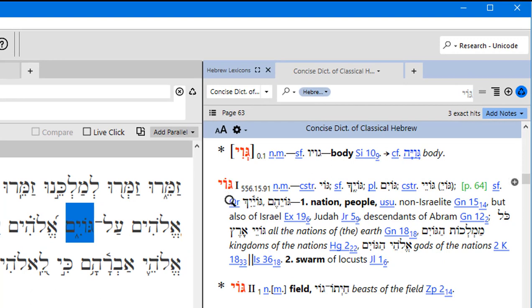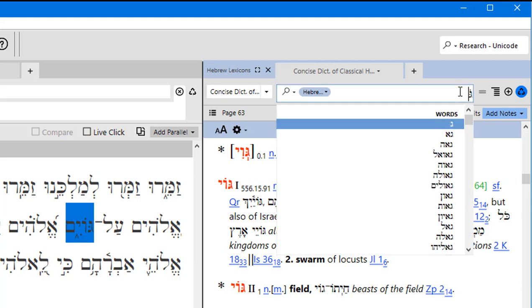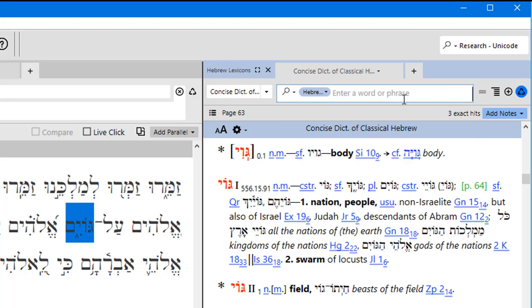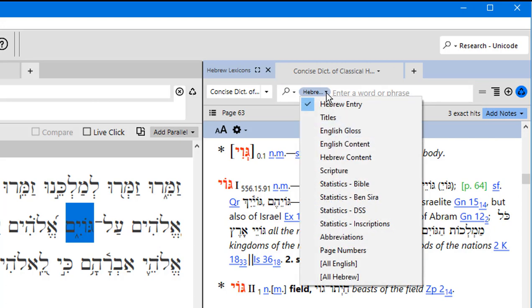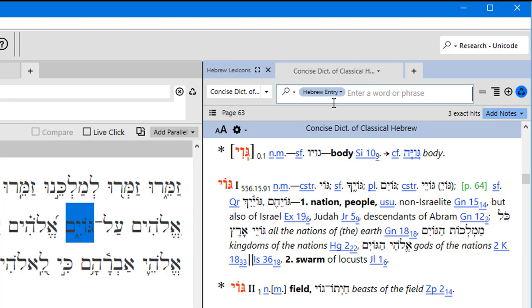So we have goy, and notice that it gives us the plural here, and it shows us this irregular spelling of the plural. Now, if I wanted to look this up without finding the verse, I can come over to the top here of the lexicon. There's a search bar, and in the blue-gray oval, I want it to say Hebrew entry, and that's the default if I do a triple click, but it might not be that otherwise.